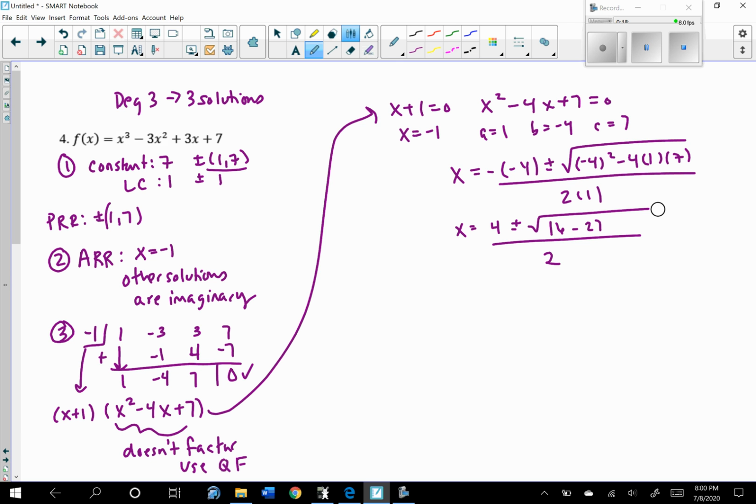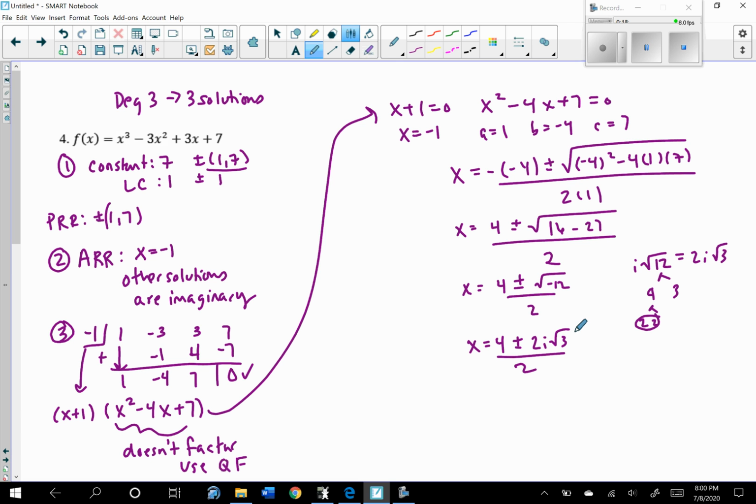And so then when we do that and simplify, we get x equals 4 plus or minus the square root of -12 over 2. The square root of -12 is i root 12, and root 12 breaks down into 4 and 3. So this breaks down into 2 and root 3, so this is equal to 2i root 3, all divided by 2.